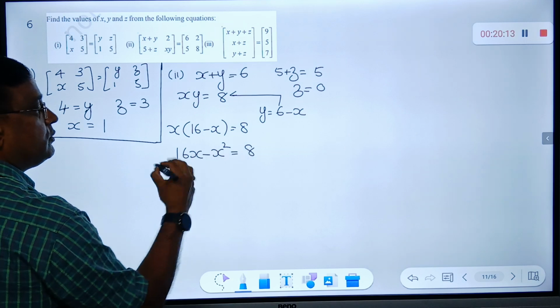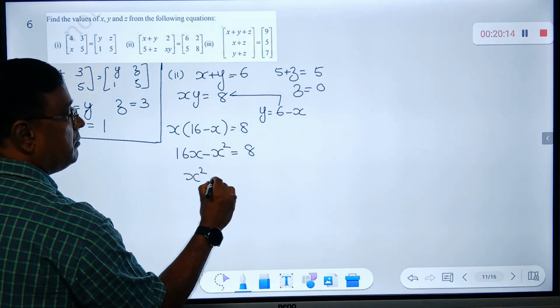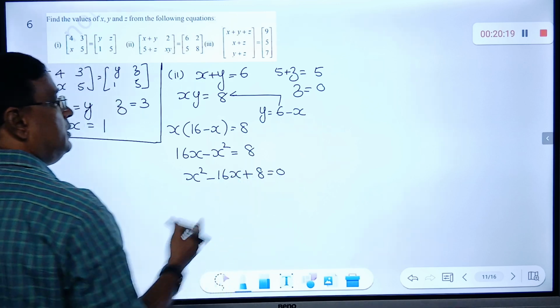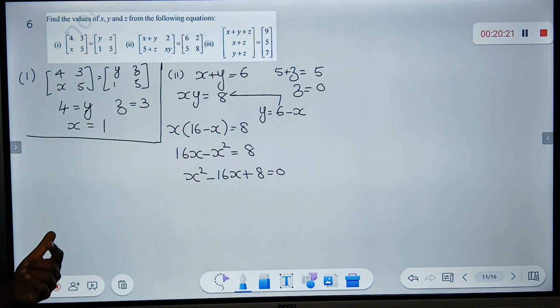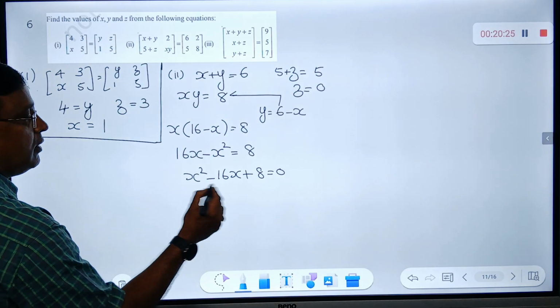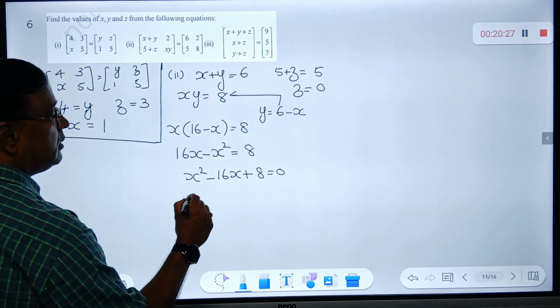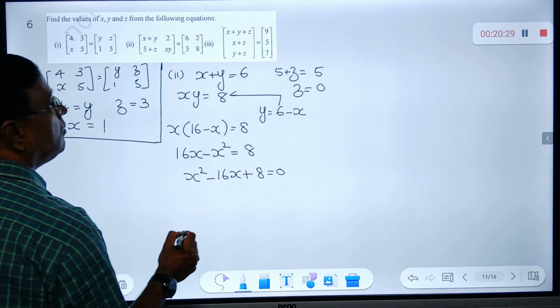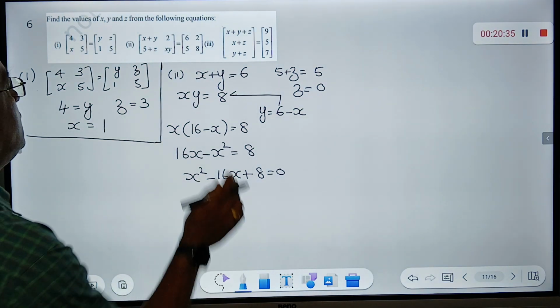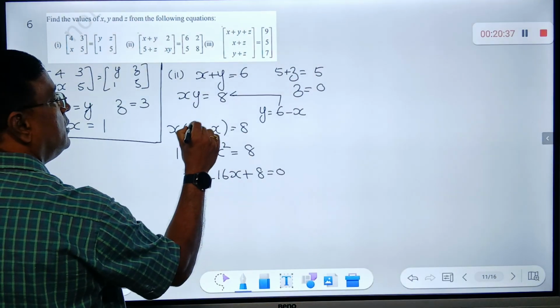Now bring everything to one side, you get x square minus 6x plus 8 equal to 0. Very simple quadratic equation. It is about splitting the middle term. One second, x plus y equal to 6 and xy equal to 8. I made a mistake here, I'm sorry. It is 6.